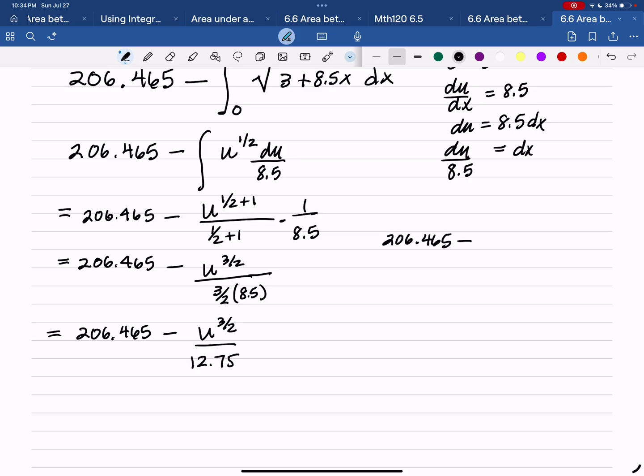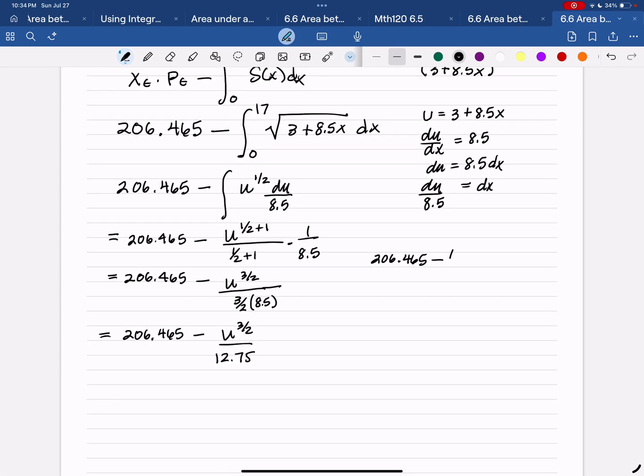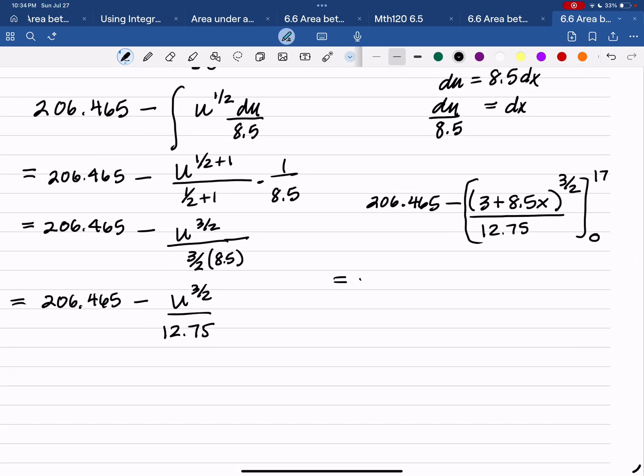And now I can go back to my original. 206.465 minus 3 plus 8.5x to the 3/2 divided by 12.75 evaluated at 0 and 17. So that's going to give me 206.465 minus, now be careful, I'm going to have two things in here I have to subtract.